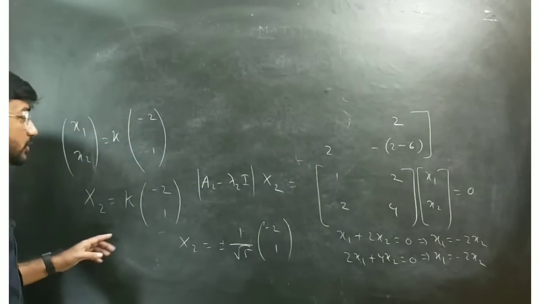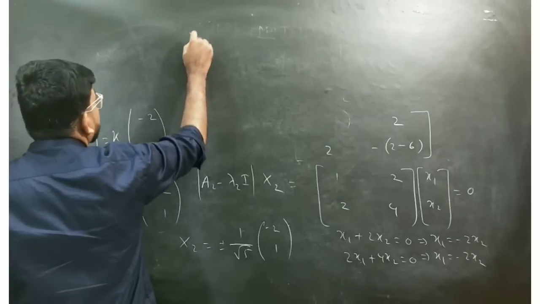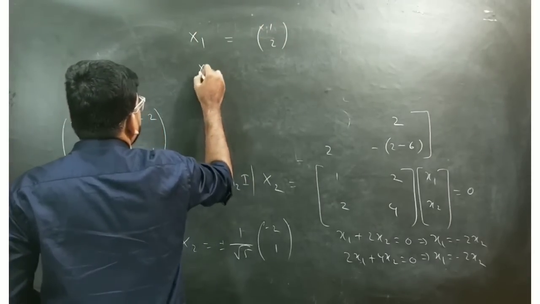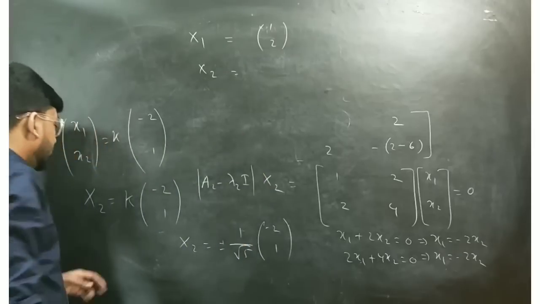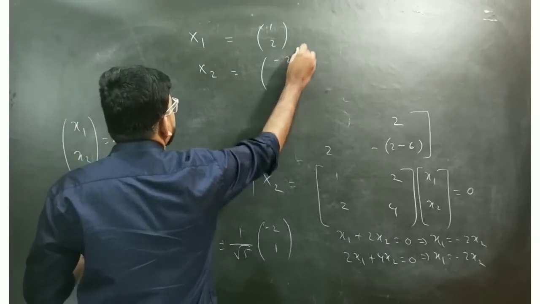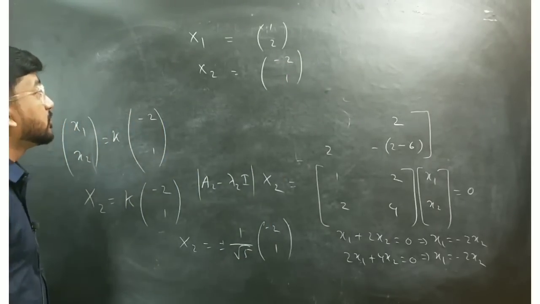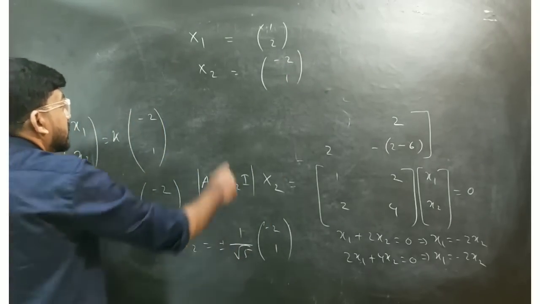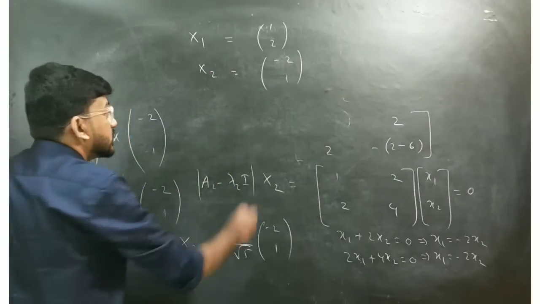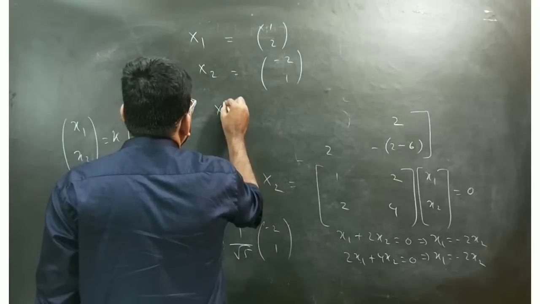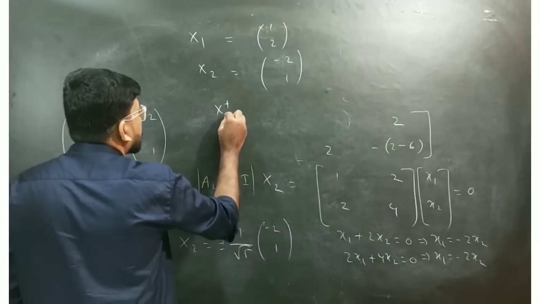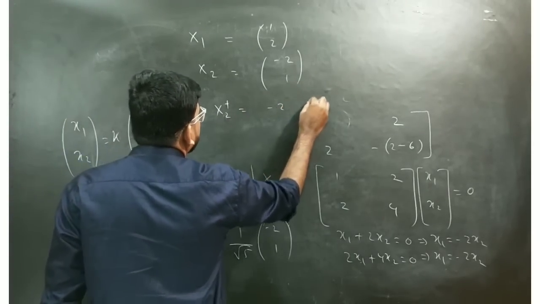Now let me take one other thing also. These two vectors, what we have got: first we have got x1 is equal to 1 and 2, and then x2 is equal to, let me ignore this proportionality constant now, minus 2 and 1. Okay, now if you take the conjugate transpose of this x2, that will be x2 dagger, something like minus 2 1.